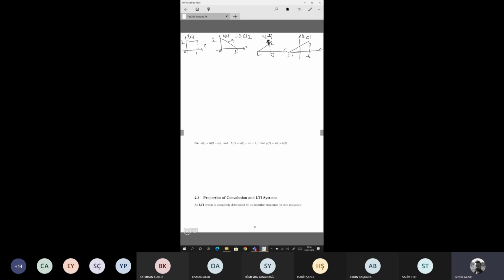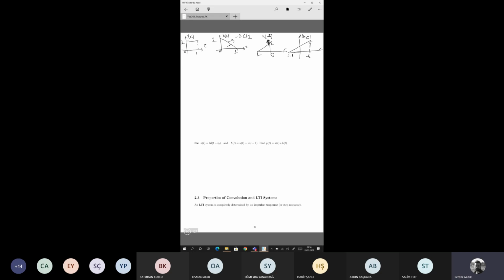The peak value is at 2. So this is my h of t minus tau. From h of tau, first I flipped with respect to the vertical axis in order to find h of minus tau. Then I shifted by t in order to find h of t minus tau. So this is from t minus 1 to t, and it is increasing.